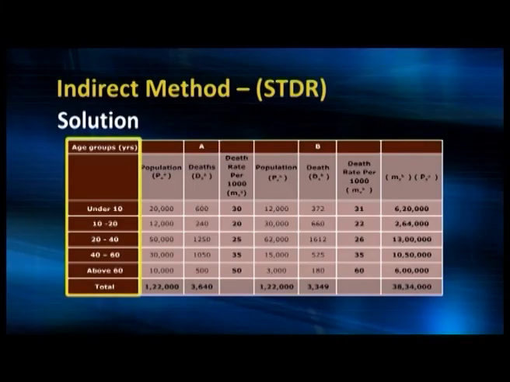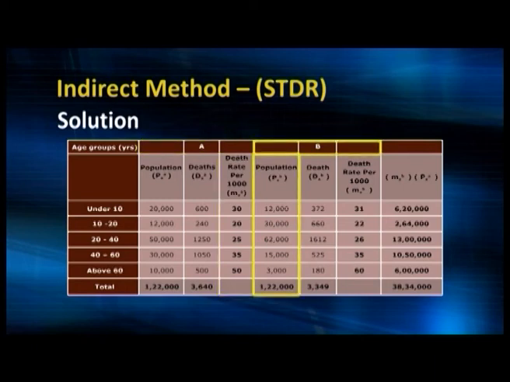Let us calculate the crude death rate and the standard death rate for the given data, for which we prepare the table. In the table, the first column represents the age group X, the second column represents the population of A for age X, the third column represents the deaths of population A at age X. In the fourth column, we will calculate the death rate per 1000, which is equal to 30, 20, 25, 35 and 50.